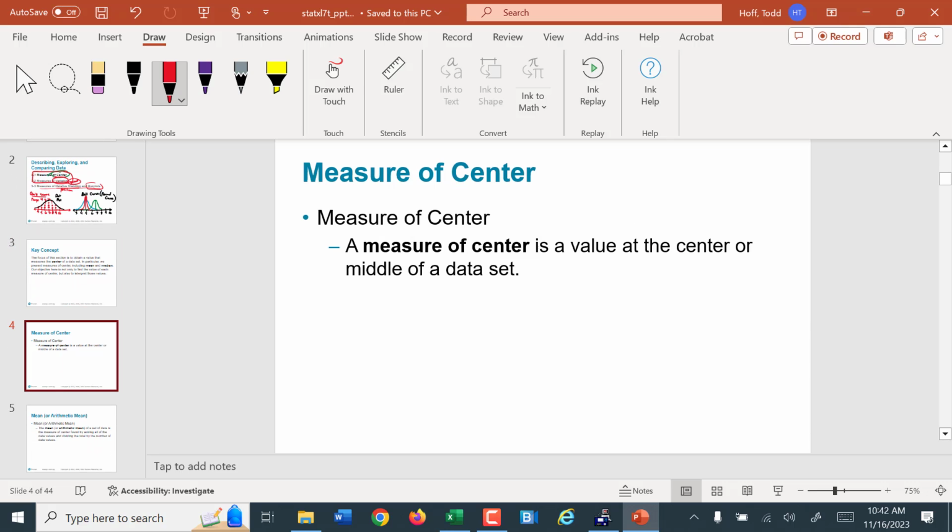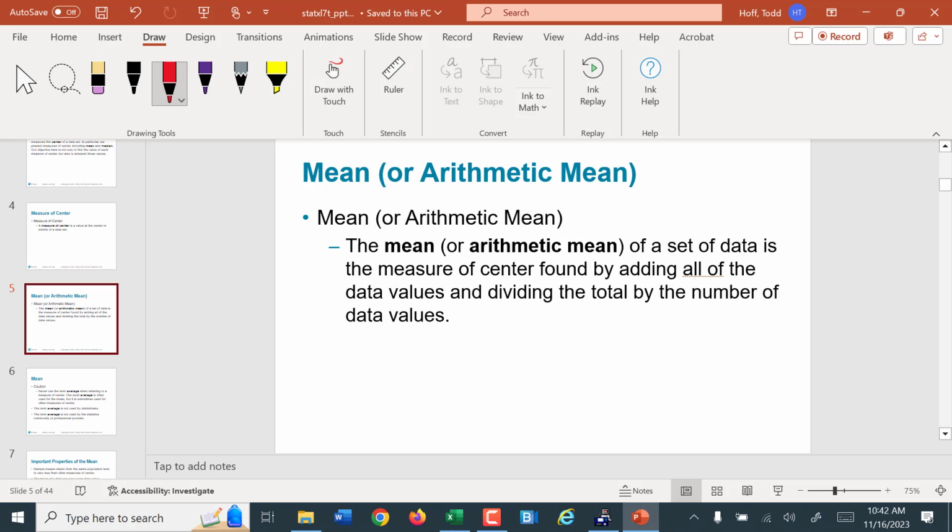Our first measure of center, again, we're looking for the center of that bell curve, is the mean, sometimes referred to as the arithmetic mean. If we go back to 3rd or 4th grade, this was probably called the average. In statistics, we don't call it an average because an average carries other connotations that don't apply to the mean.